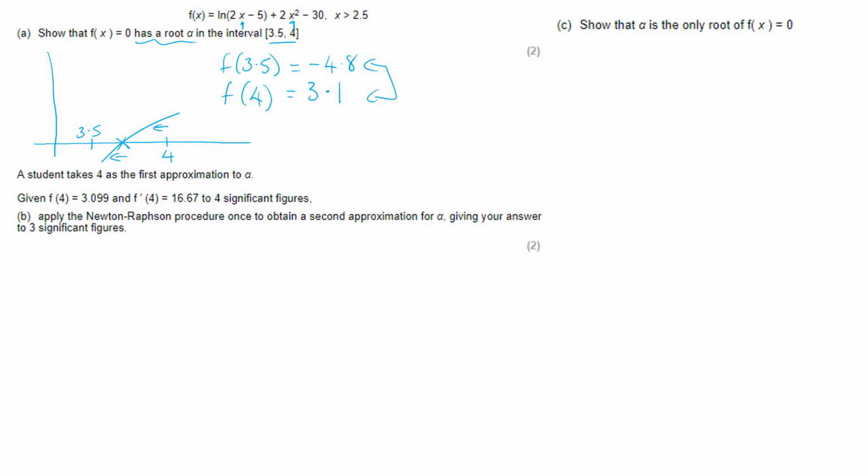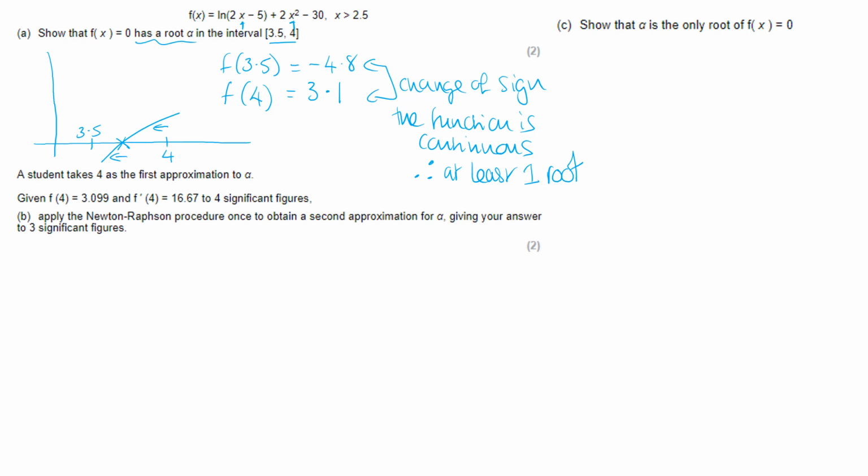So we have got a change of sign, and we need to say the function is continuous, and then with those new updates of the textbook, we should also maybe be saying therefore at least one root.